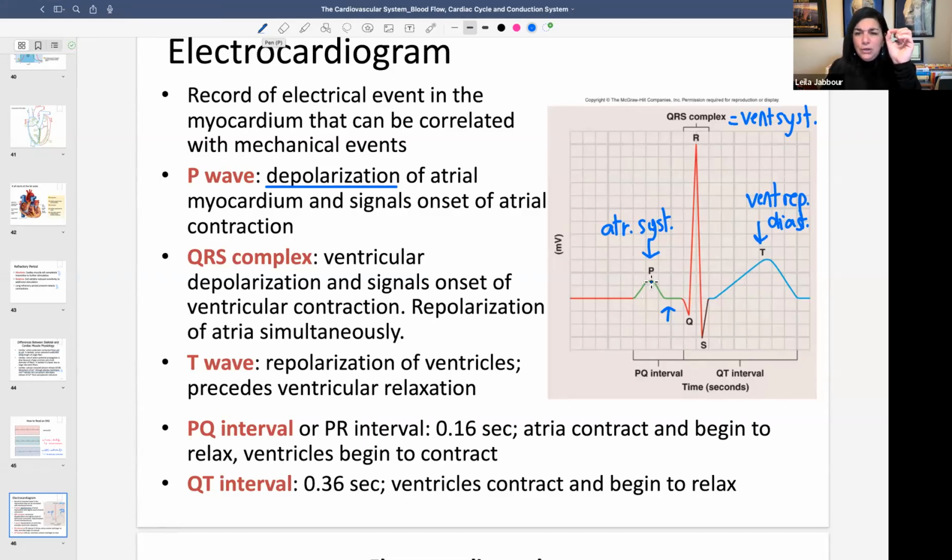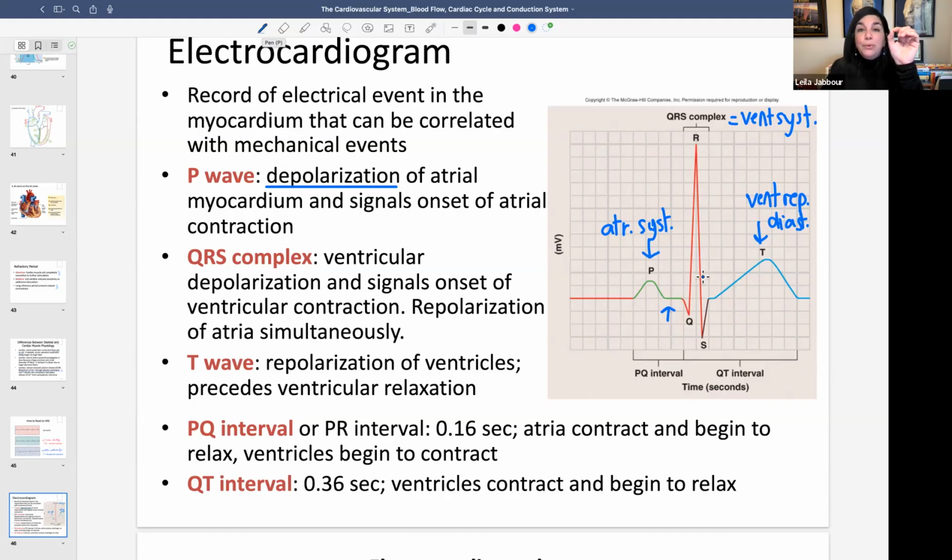Okay, so where's atrial repolarization? We talked about atrial systole, ventricular systole, ventricular diastole. The T wave is the repolarization of that. Where is atrial repolarization happening? While ventricular systole is happening.